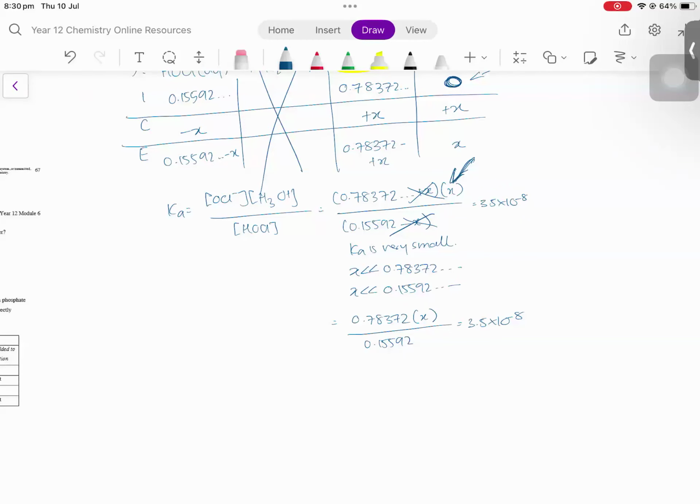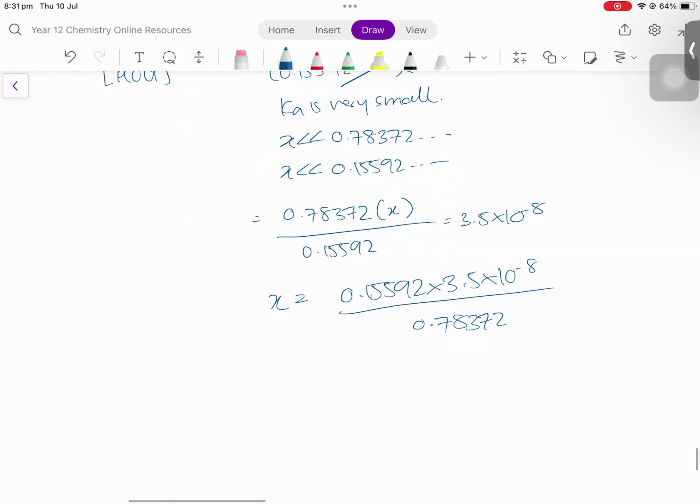All right, so I know filling in the ice table takes a lot of work. That's true. However, when you get to this point, x is actually easier to solve for than in your other questions. Yeah, multiply your denominator over. Divide your numerator. If you get confused with your stored numbers, check it quickly before you pop it into this.